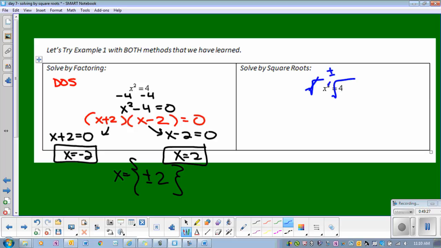So then those 2 cancel out. And then you have x equals plus or minus the square root of 4. What's the square root of 4? 2. So x equals plus or minus 2. Isn't that the same thing? Yeah. I love this way if you don't have that bx term. All right. Questions?